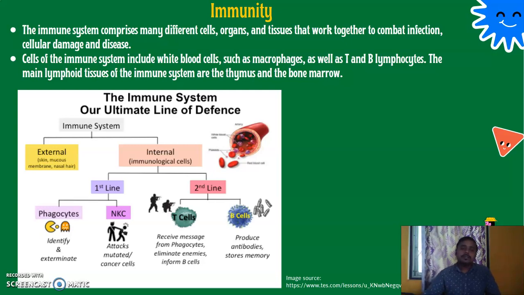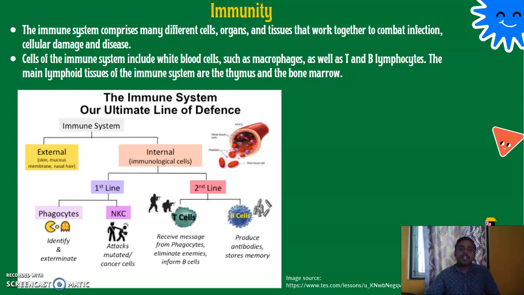The immune system comprises many different cells, organs and tissues that work together to combat infection, cellular damage and diseases. The cells of the immune system include white blood cells, or WBCs for short. These WBCs include macrophages, T cells and B cells.